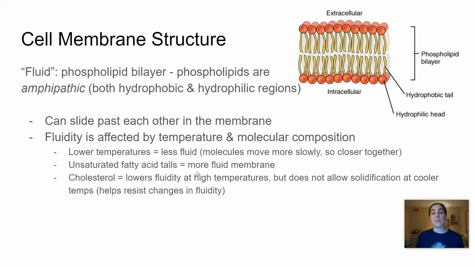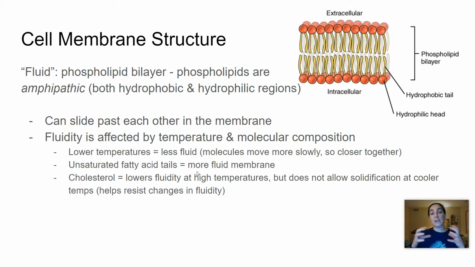And because it takes up more space at lower temperatures, we'll start with that side. At lower temperatures, that bulkier molecule can't pack as closely as all those nice, neat phospholipid tails. It takes up more space. It keeps the molecules farther apart, so it doesn't let the membrane totally solidify.